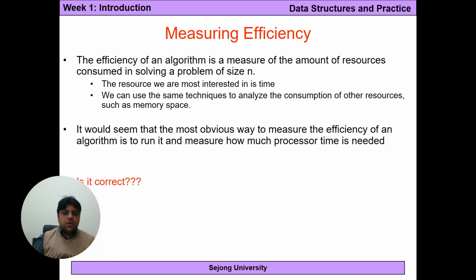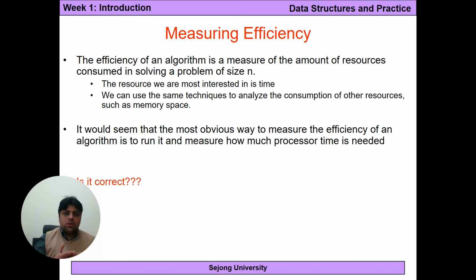It would seem that the most obvious way to measure the efficiency of any algorithm is to run it and measure how much processor time is needed. So how are we measuring the efficiency? We can choose the same criteria or condition for any program. From that, the most important thing would be our time.